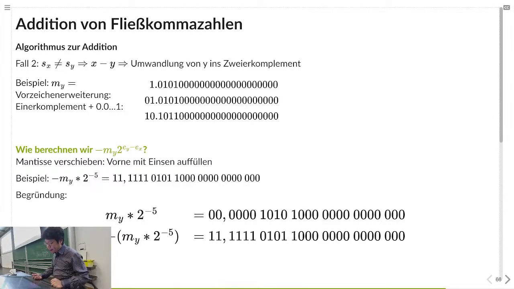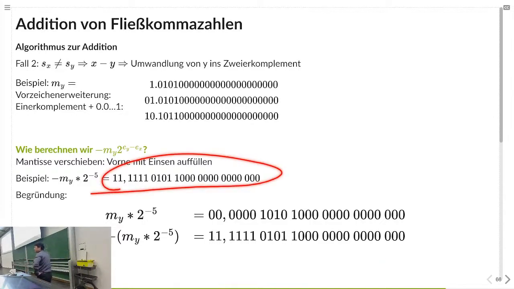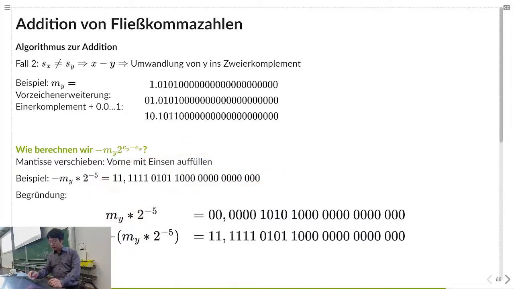Okay? So, warum ist es richtig? Warum sollten wir von Anfang mit Einsen auffüllen? Das ist gleich, dieses Command. Zum ersten my mal 2 hoch minus 5. Dann sollten wir zum ersten nach rechts 5 Bits schieben. Dann machen wir Einerkomplement. Das ist dann gleich wie diese Zahl. Man kann 2 Dinge machen. Zum ersten nach rechts im Positivzahl. So, es bedeutet, Sie machen zum ersten my mal 2 hoch minus 5.